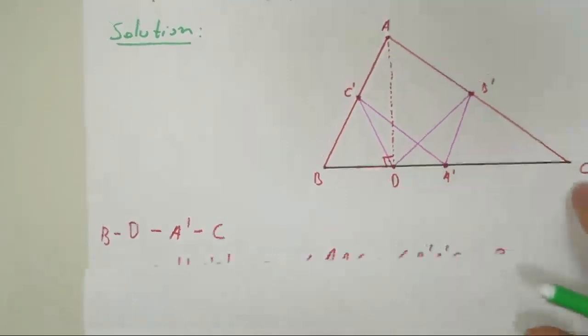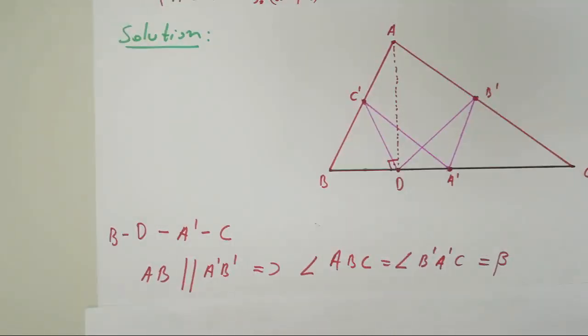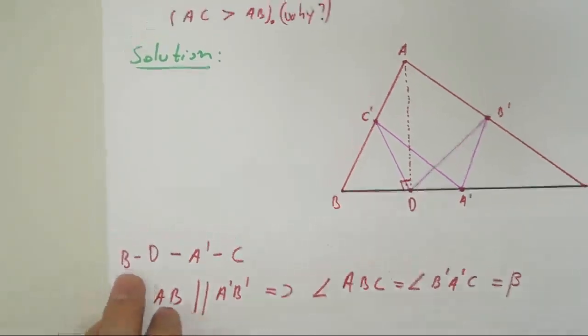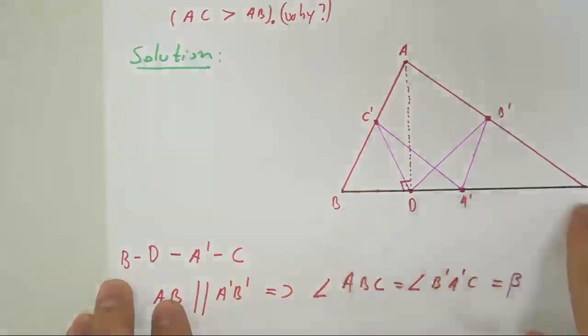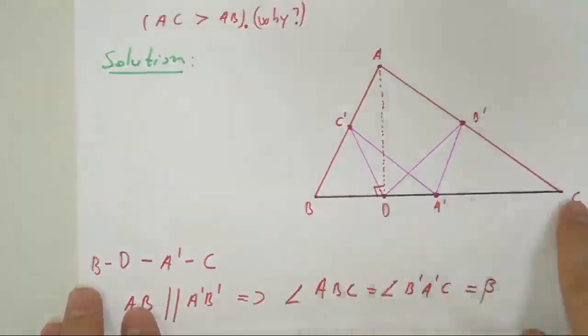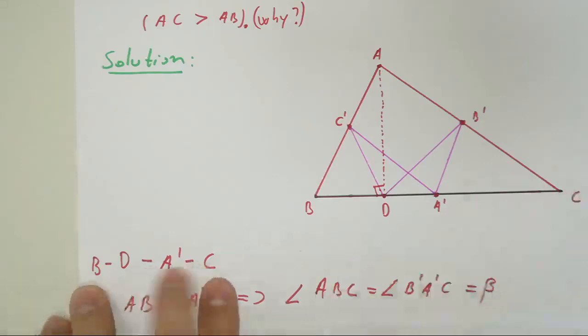It's not difficult to show that the arrangement of points will be B, D, A prime, C. What does this notation mean? It means that on this line BC, the segment line BC, the arrangement of points will look like this.